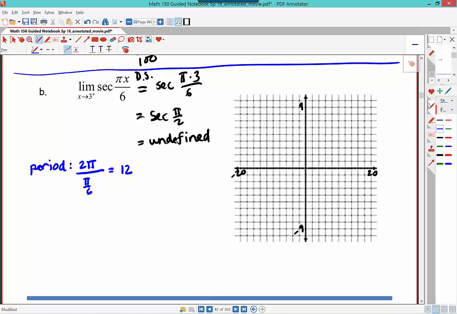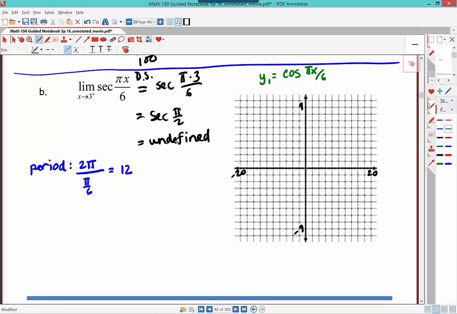So now, looking at some values, if I dash in this cosine graph, do you see that if I plug in 0, I'll have cosine at 0, which is 1. So again, this green graph is going to be cosine at pi x over 6, and I'll dash that in.